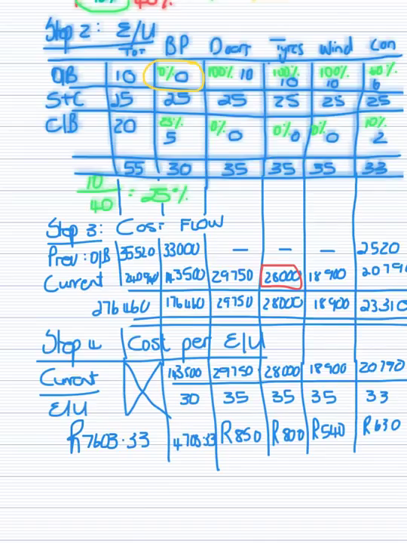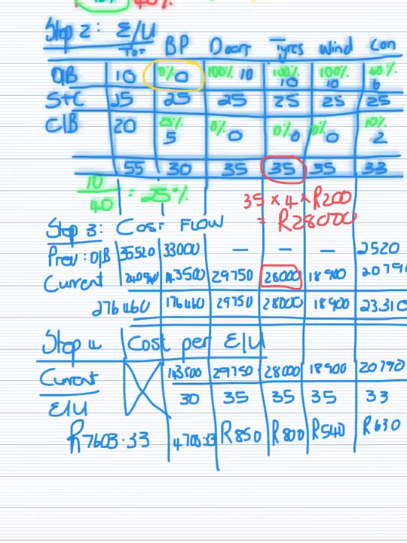Remember, we have 35 cars that received tires. So it's 35 cars multiplied by 4 wheels per car multiplied by 200 rand per tire, and that gives me 28,000.